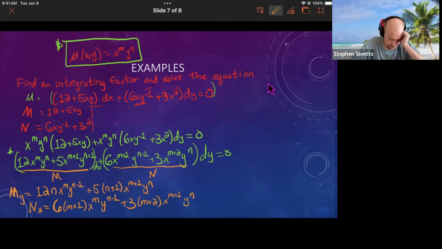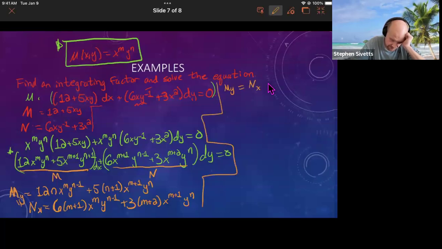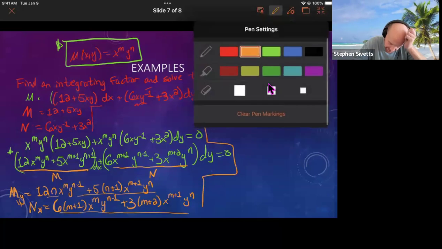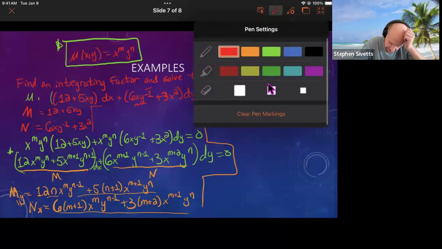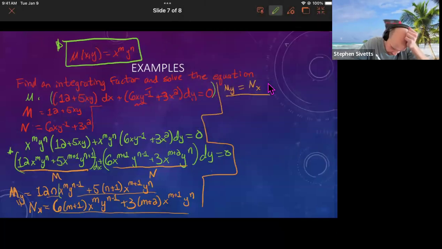And so in order for a differential equation to be exact, these have to equal. The partial of M with respect to y has to equal the partial of N with respect to x. But notice, this is kind of special because we have these terms as the same.